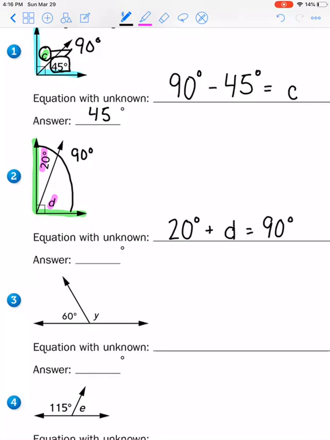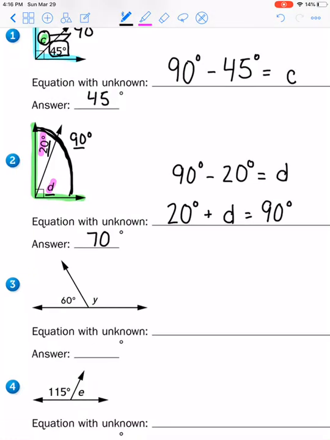You also can write it as a subtraction. 90 degrees minus 20 degrees will give you D. Because remember, this whole thing is 90. This is the whole, and these are the two pieces you have. So they have to add up to 90 degrees. And if you did 90 minus 20, you would get 70 degrees.